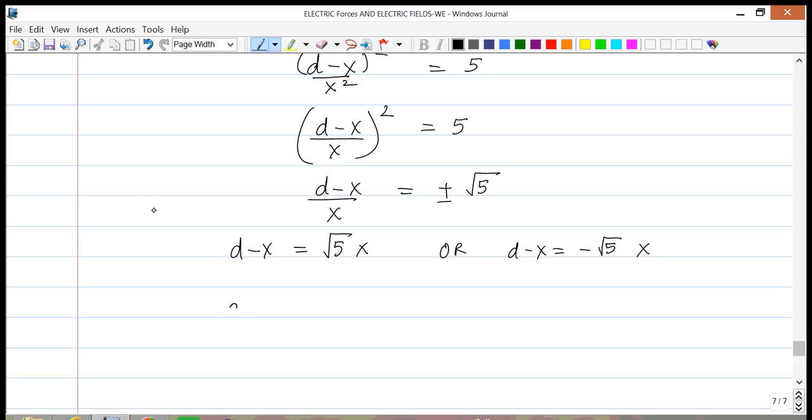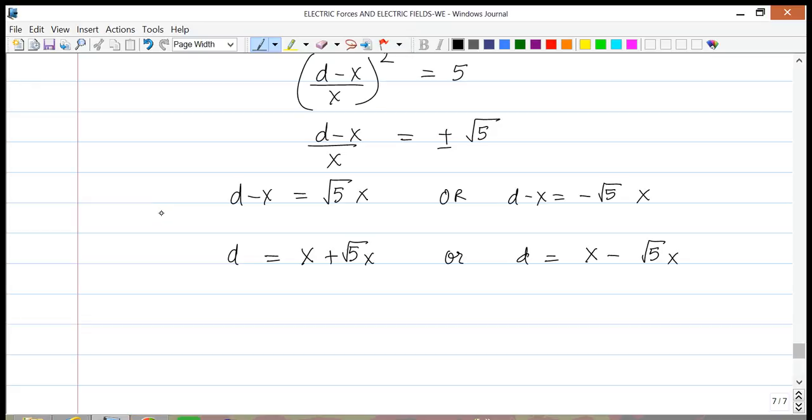So d is equal to x plus square root 5 times x, or d is equal to x minus square root 5 times x. So this one implies x is equal to d divided by 1 plus square root of 5, or this implies x is equal to d divided by 1 minus square root of 5.